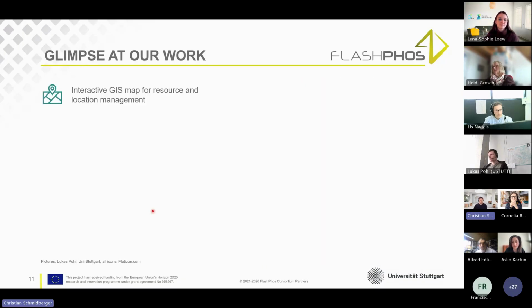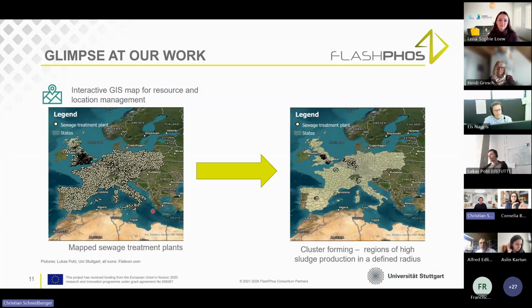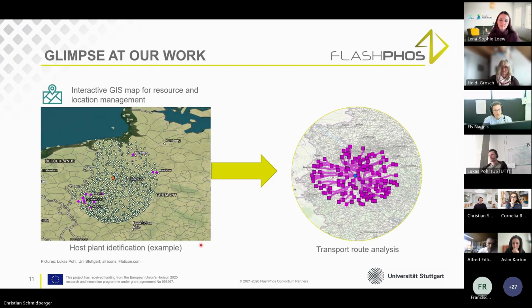What also is worth mentioning in the context of the digital twin is our colleague Lukas Pohl. He made a GIS map analysis, first identifying all sewer sludge treatment plants and clustering them to locations of high density of sewer sludge, and further down in these areas that are narrowed down with a sufficient opportunity of getting enough sewer sludge for the process.